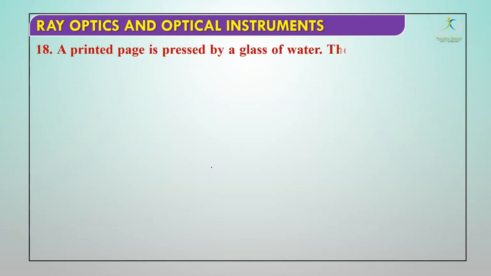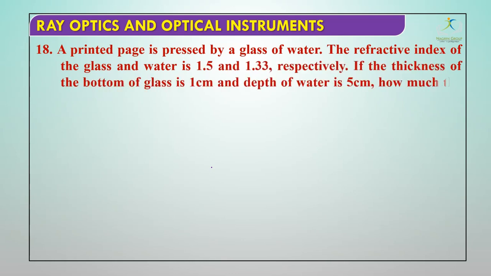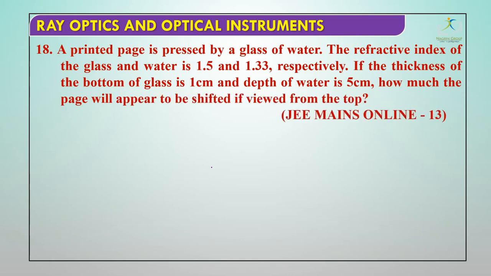Next question we have, a printed page is pressed by a glass of water. The refractive index of the glass and water is 1.5 and 1.33 respectively. If the thickness of the bottom of the glass is 1 centimeter and the depth of the water is 5 centimeter, how much will the page appear to be shifted if viewed from the top?